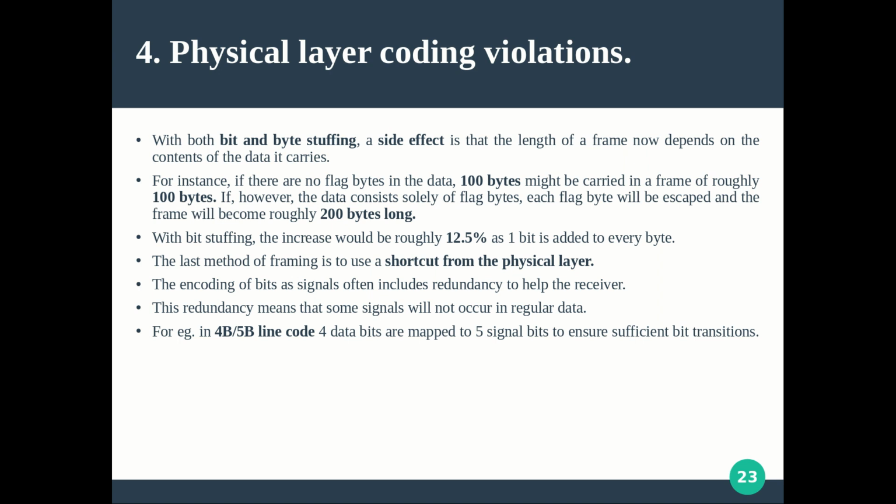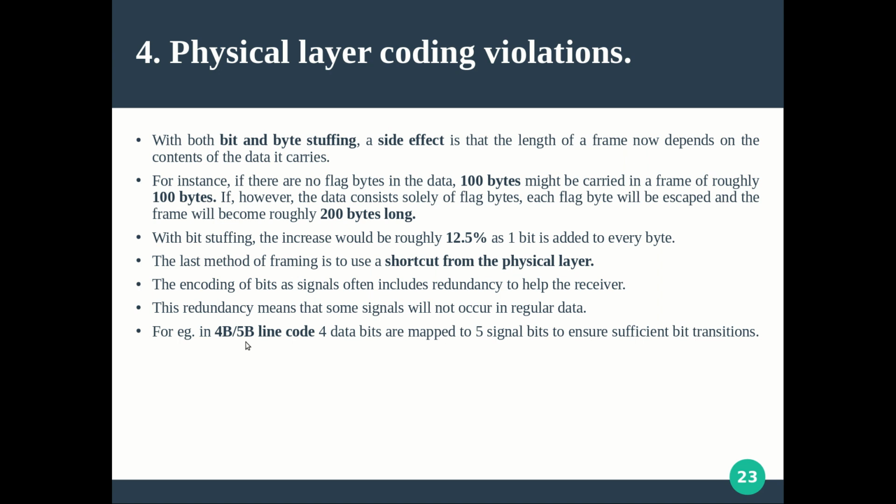Right, so why such an encoding? The encoding of bits as signals often includes some redundancy. So this one extra bit is actually the redundant bit to help the receiver. The redundancy means that some signals will not occur in the regular data. So for making our encoding and decoding easier, we added some kind of redundancy in the physical layer.